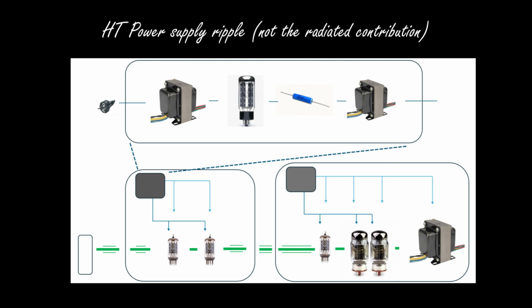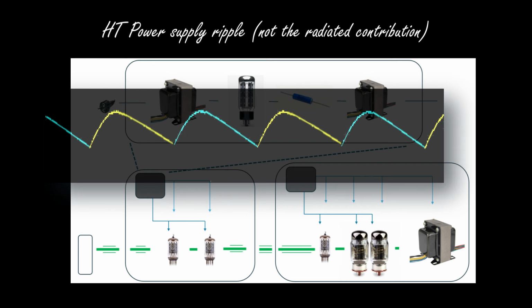But even some power tubes, especially if they are configured as single-ended, so we have a single tube taking care of the whole audio signal, which means this tube is in class A. Well, in this case, the anode voltage should be very well filtered. Again, otherwise we might hear noise due to the ripple on the high voltage.